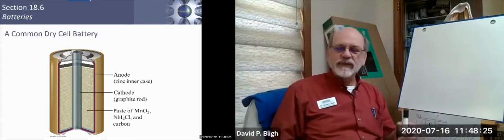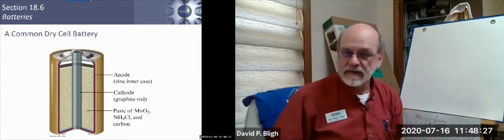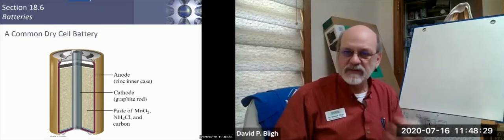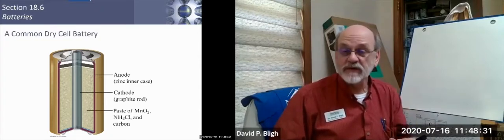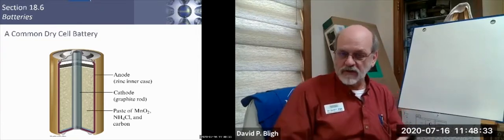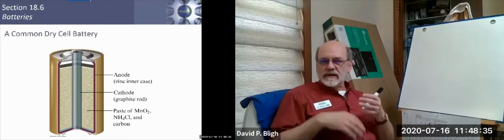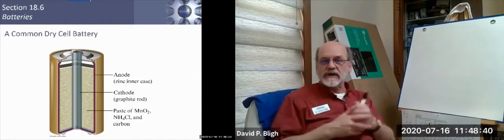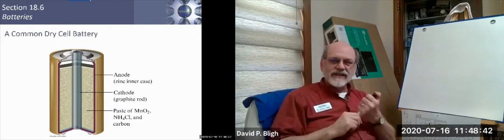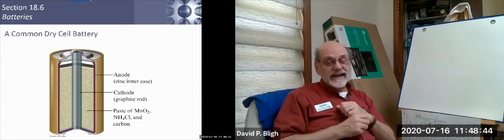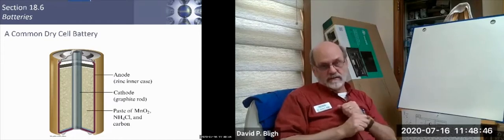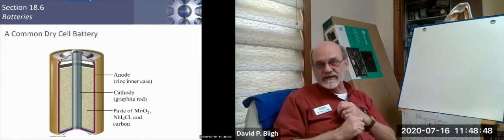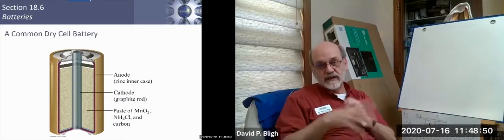It doesn't have a spillable liquid, but it does have to be some form of solution. You've got to be able to allow the ions to move and for the reactants to come into contact with one another. So a dry cell is technically a misnomer. There's no such thing as a dry cell in this context.